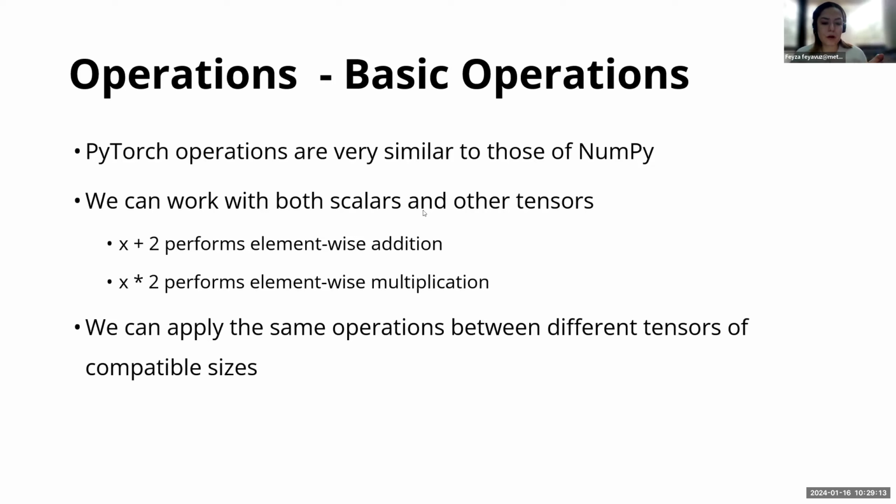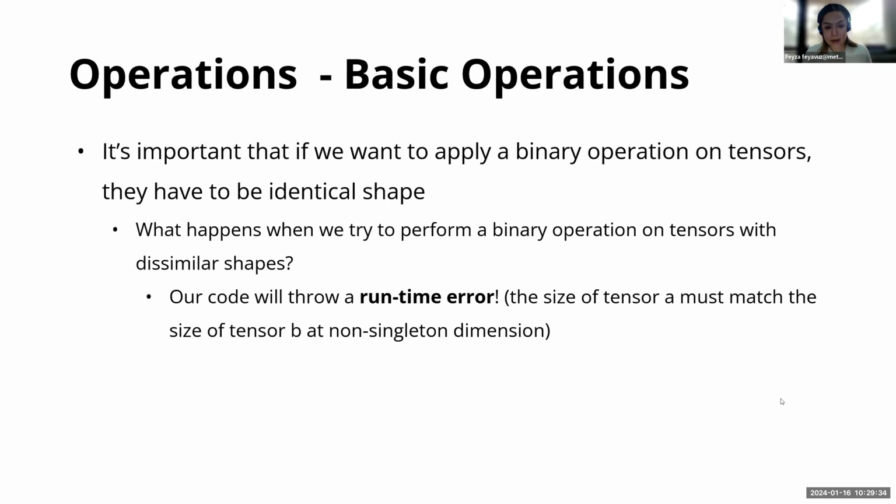And if we want to apply these basic arithmetic operations on tensors, we need the tensors to have the same shape. For example, if we want to apply a binary operation on tensors, they have to have an identical shape. If we have two two-dimensional tensors, we can make an addition, subtraction, multiplication, or division between them.